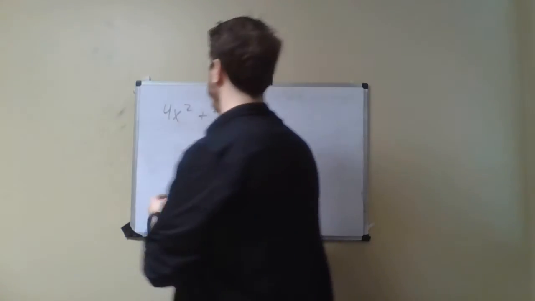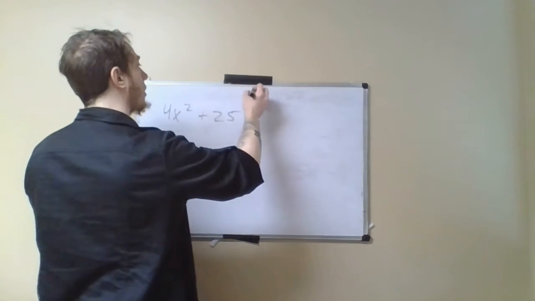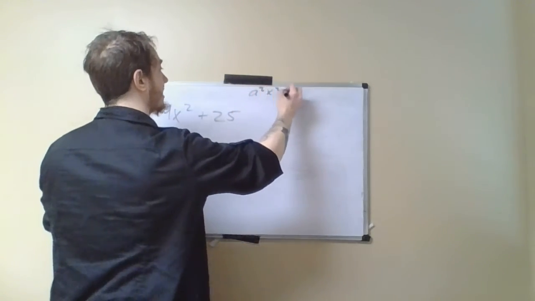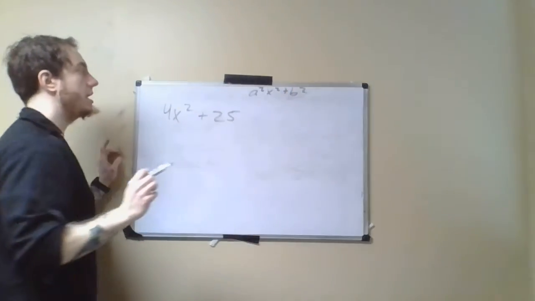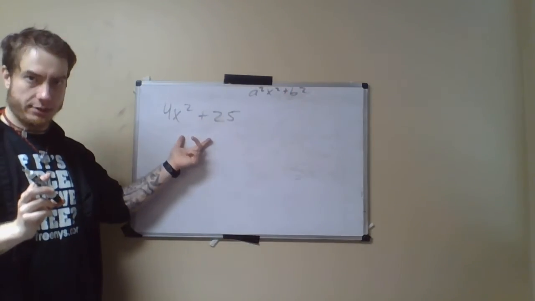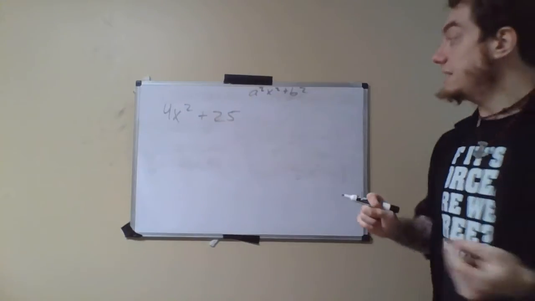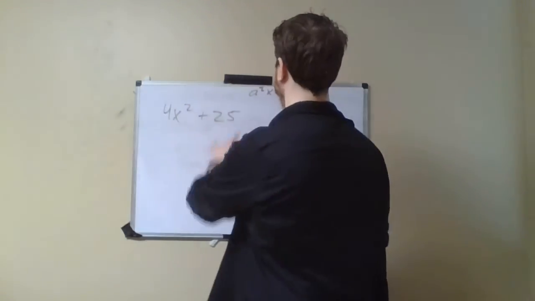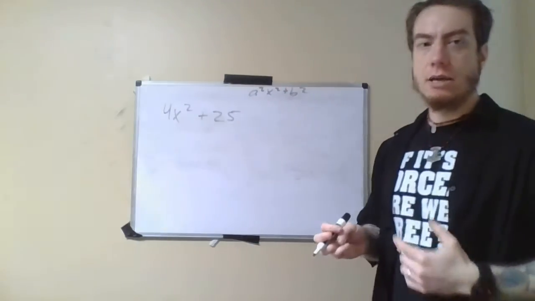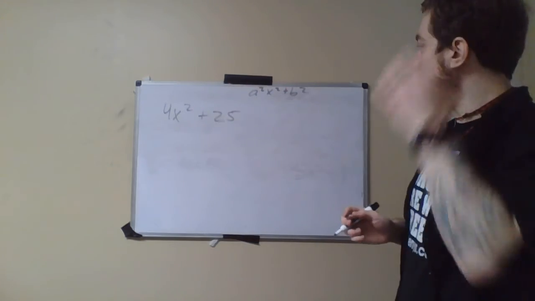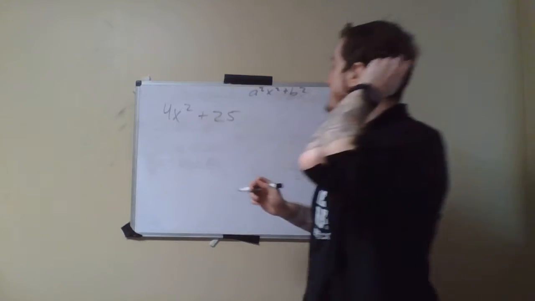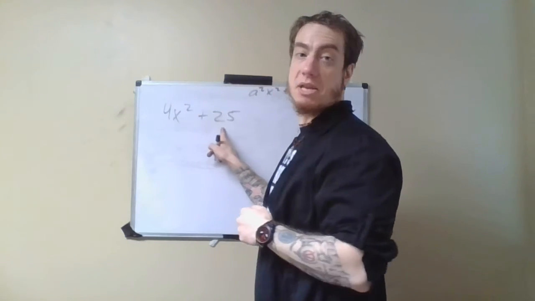Well, what I notice is that this has the form of a squared x squared plus b squared. That means I want to go for the tangents. I want to use a tangent substitution. But in order to use that tangent substitution, rather than just memorizing things, the way that I would prefer to do this is to realize what I need is to write this. This needs to become a 1.